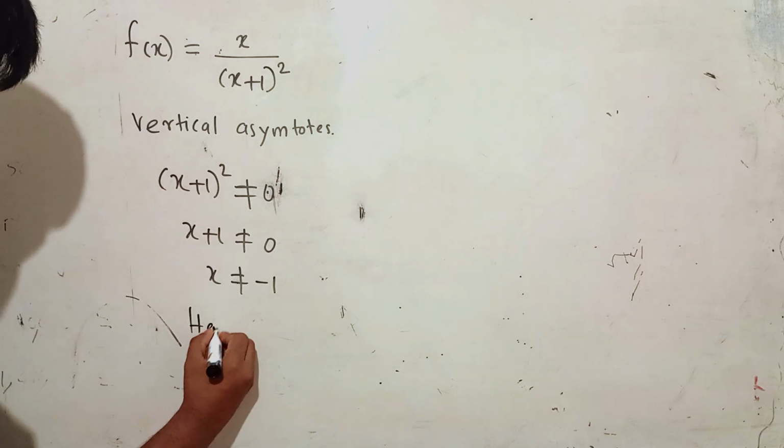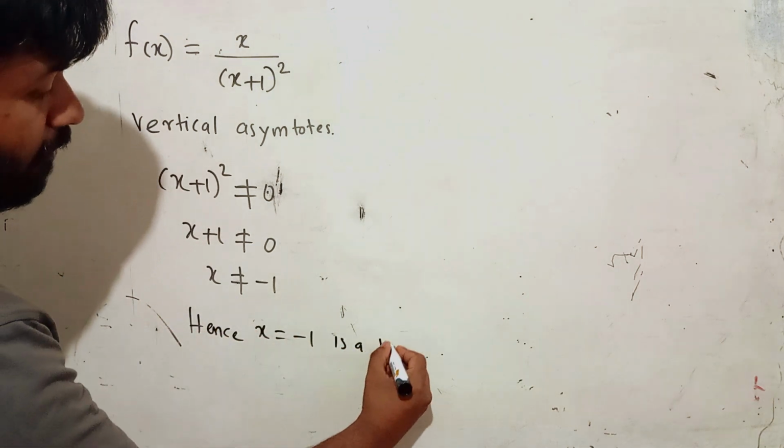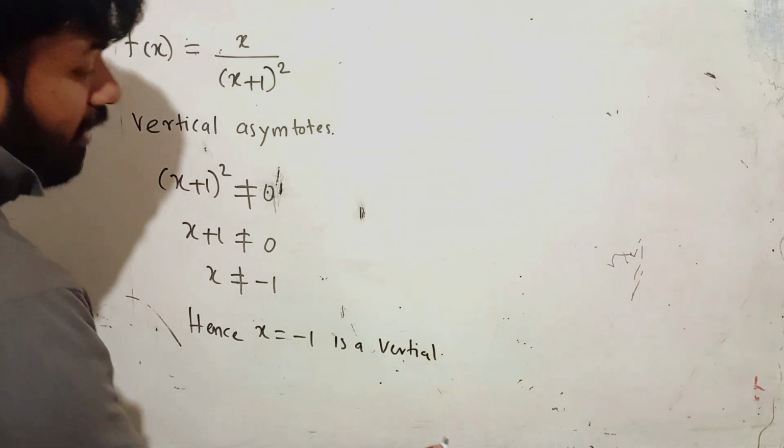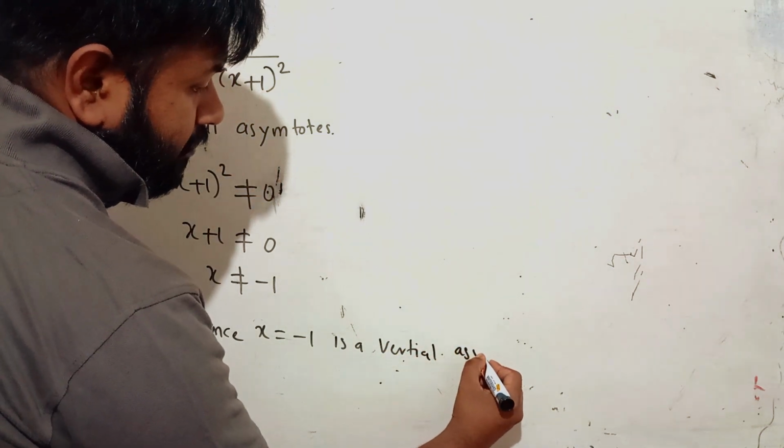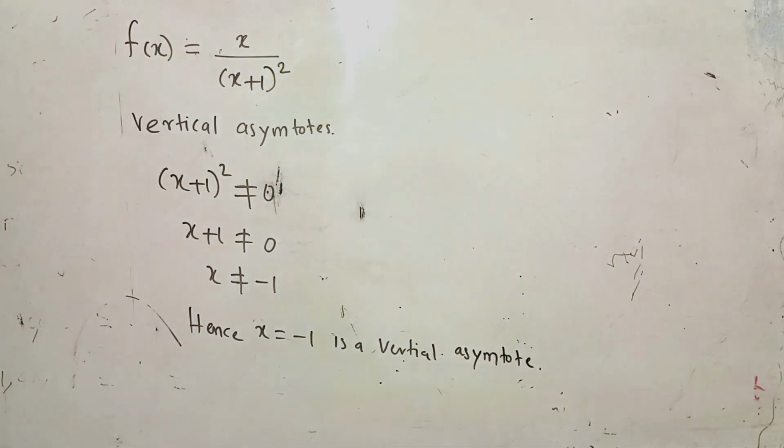Hence x = -1 is a vertical asymptote. Alright? Okay, this is the first step.